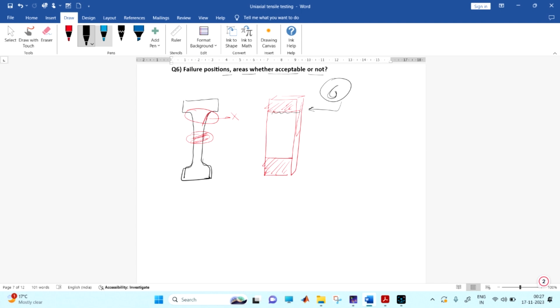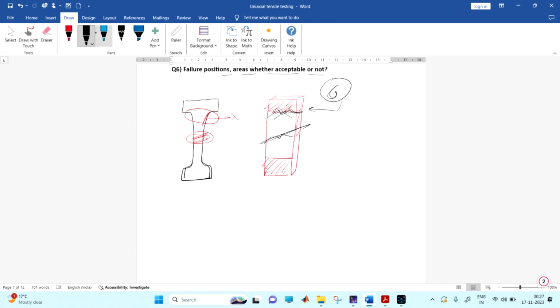But if out of 6 tests, 4 fail somewhere here, with fiber pull out in the composite material, or some damage at 45 degrees, and 2 samples break near the tabs, we can't accept the ones near the tabs.